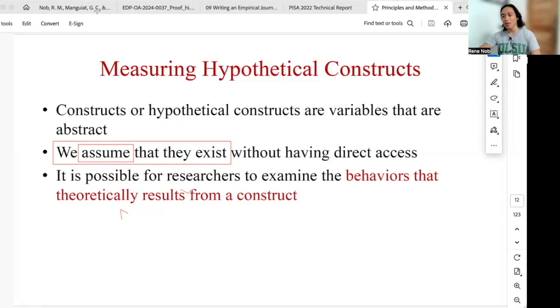But why do we assume they exist, even if we don't see them? Why are we so confident that things like love, traits, openness, agreeableness, neuroticism, anxiety, depression, intelligence, pro-social behavior, altruism, self-efficacy exist?